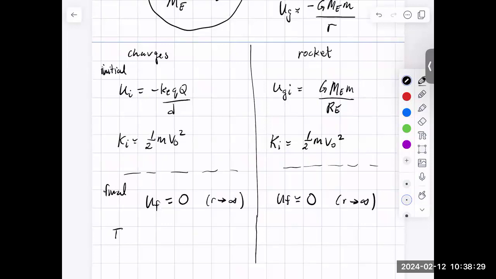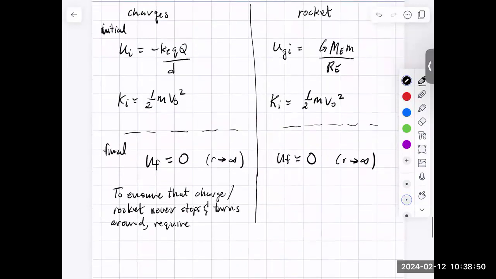So to ensure that the charge or rocket never stops and turns around, we require that v equals 0 only when r goes to infinity.